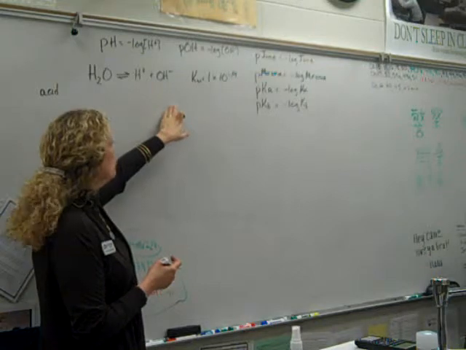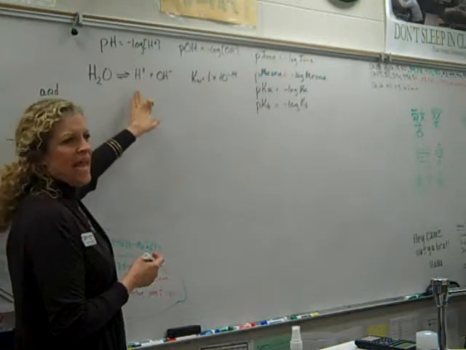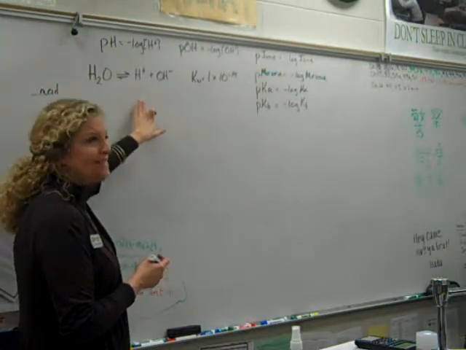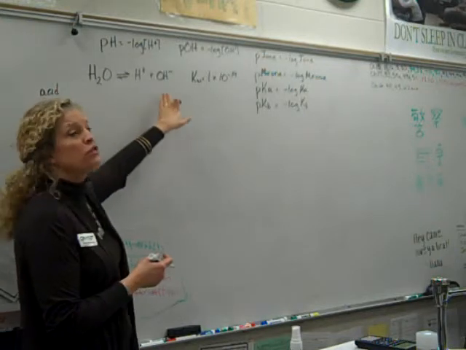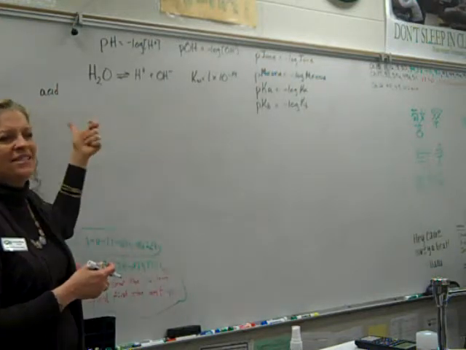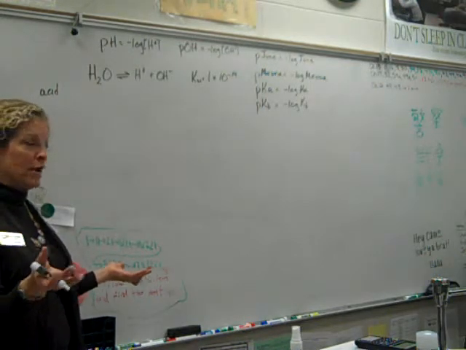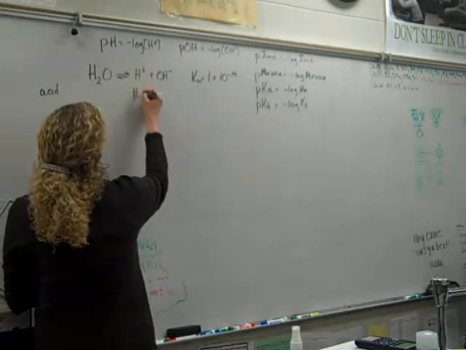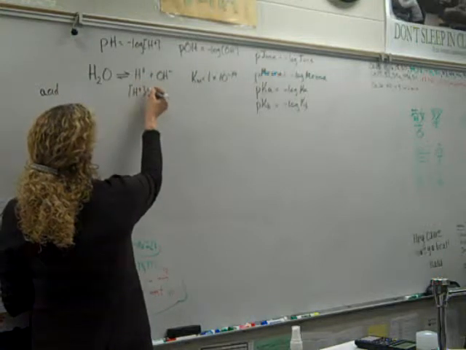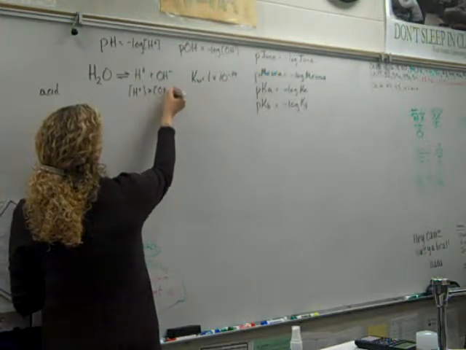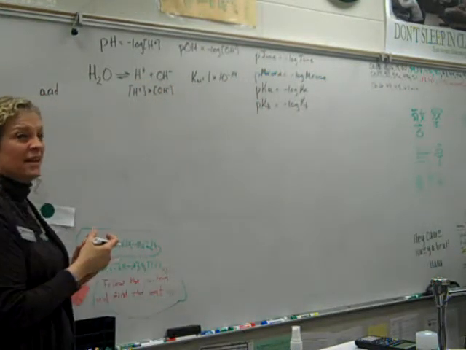But what will be true about the H plus concentration versus the OH concentration if it's acidic? It's higher. Very good. So H plus concentration would be higher than OH minus concentration if it's acidic.